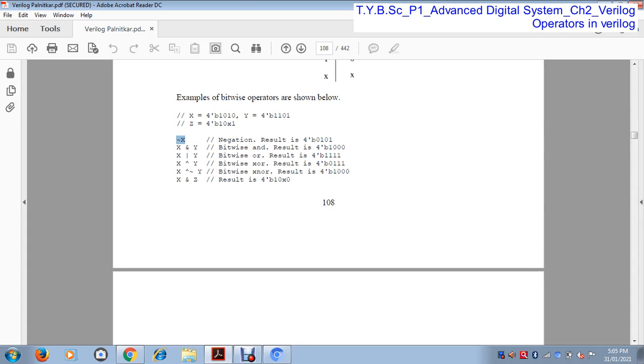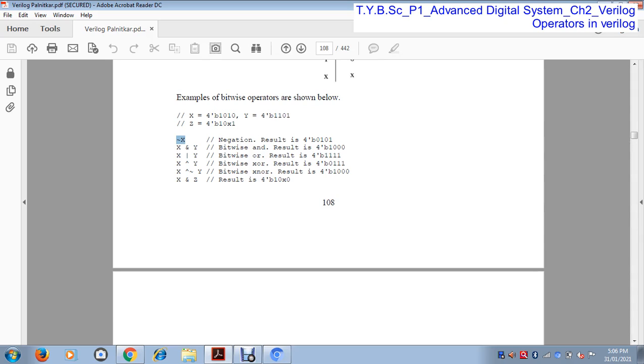Now x ANDed with y, the bitwise and. It performs the operation bitwise, that means each individual bit is operated on. This is x and this is y. So 1 and 1 gives 1, 0 and 1 gives 0, 1 and 0 gives 0, 0 and 1 gives 0.